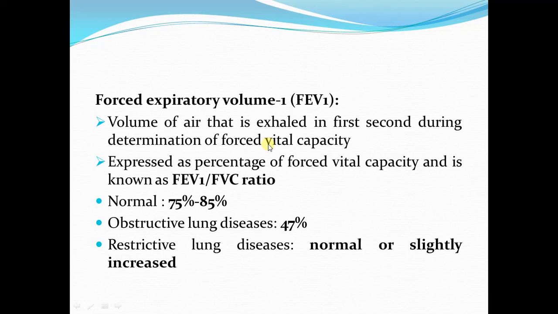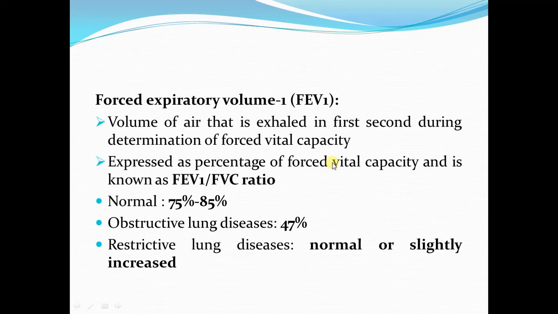You are measuring the forced vital capacity of a subject, and the volume of air that he or she is going to exhale in the first second during measurement of forced vital capacity, that volume of air is known as FEV1. Now, FEV1 is expressed as a percentage of forced vital capacity, and it is known as FEV1 to FVC ratio or FEV1 to FVC percentage.